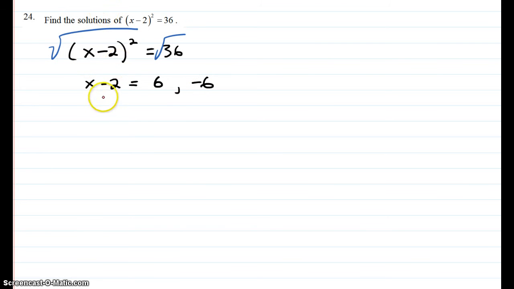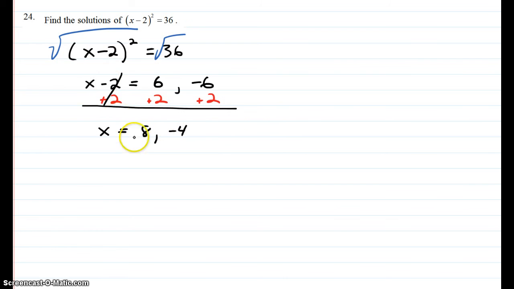And so now when I add 2 to both sides, I need to make sure I include it with the other 6. And so we end up with x equals 8, and negative 6 plus 2 is negative 4.